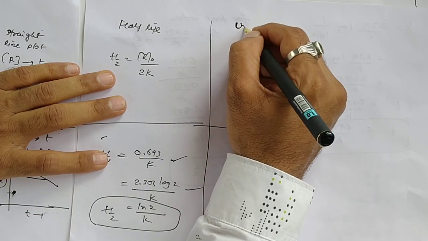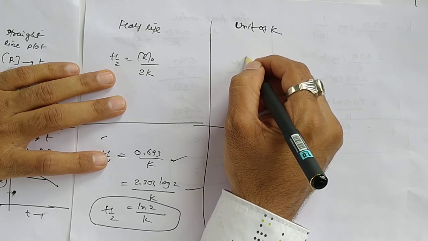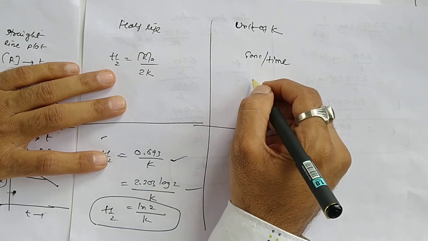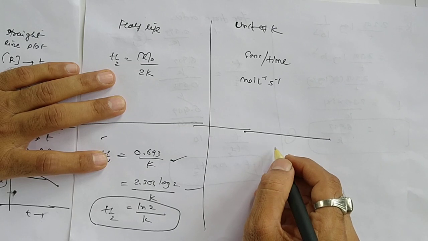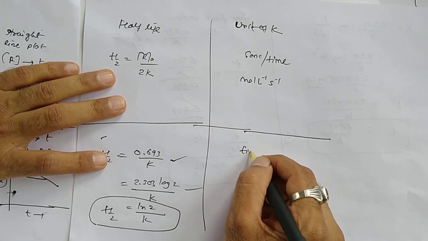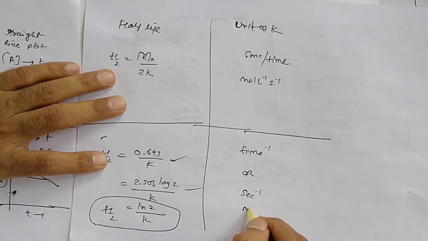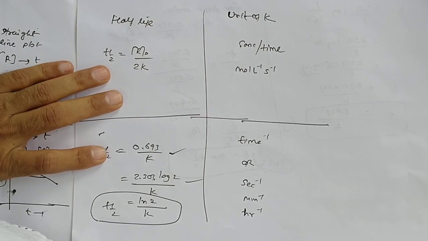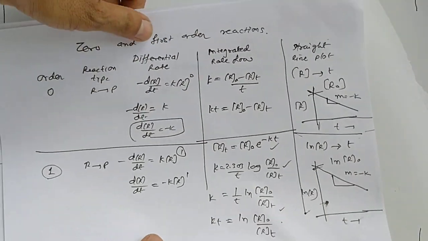Now unit of K for zero order: concentration upon time, meaning mole per liter per second. For first order, only time inverse, meaning second inverse, minute inverse, hour inverse. Yes. Now we will meet in our next lecture. Till then, bye.